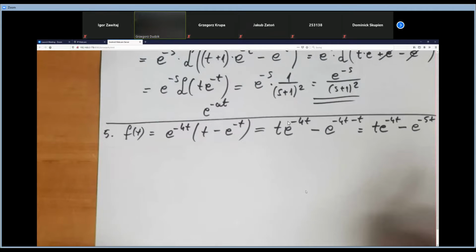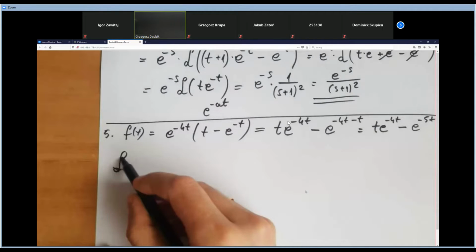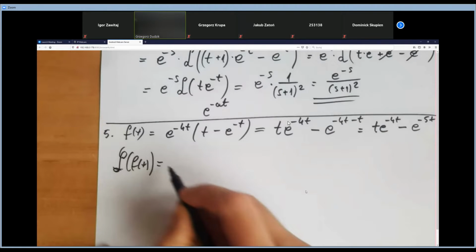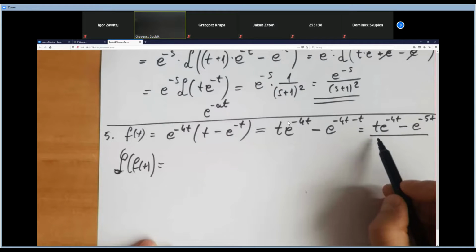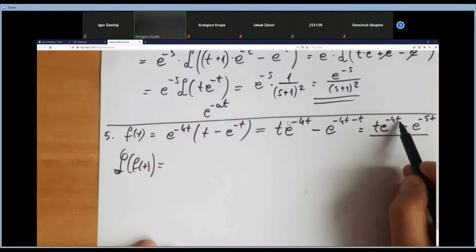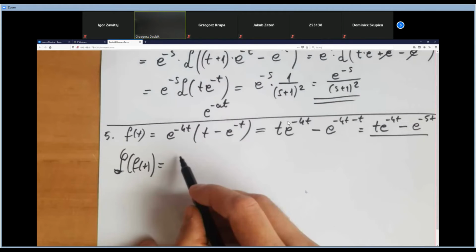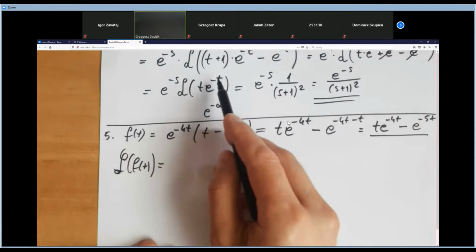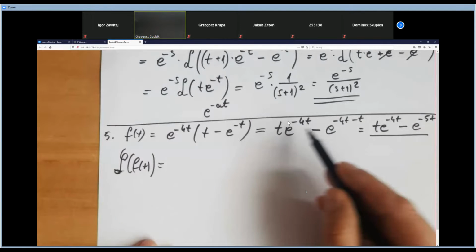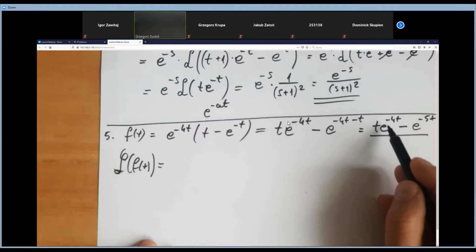Great. So the Laplace transform of the f(t) function will be equal to the Laplace transform of t e to minus 4t. As previously, t times e to minus at. In our case, this is t times e to the power of minus 4t, where a is a constant, it is 4.